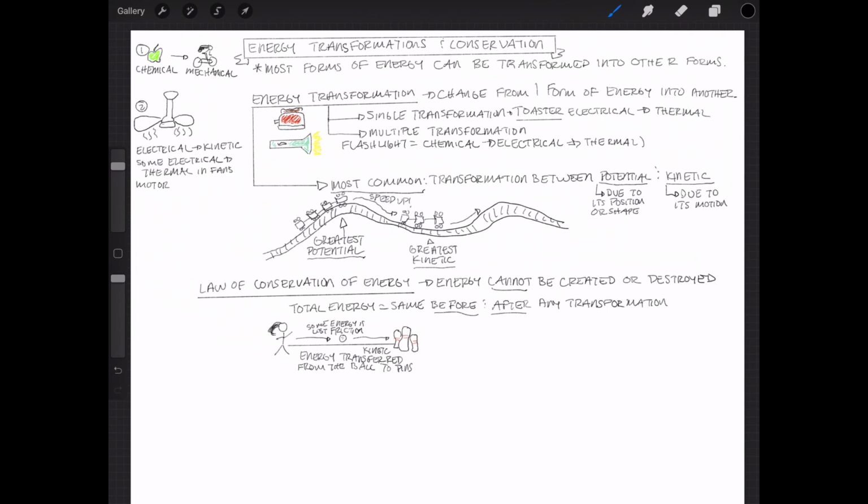Okay. Now, let's have our big idea here that energy can change from one type to another, right? Remember that energy can change from one type to another.